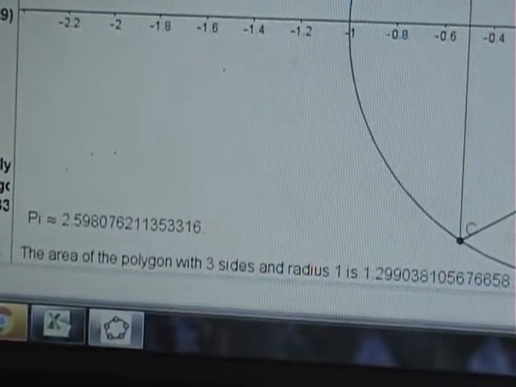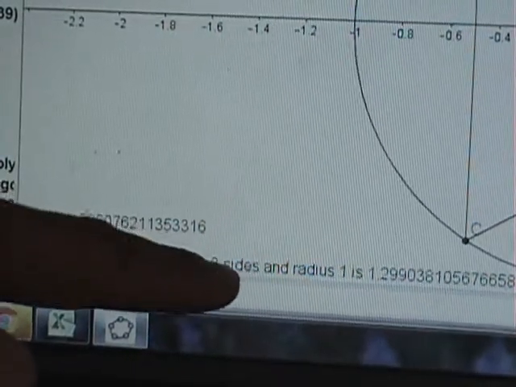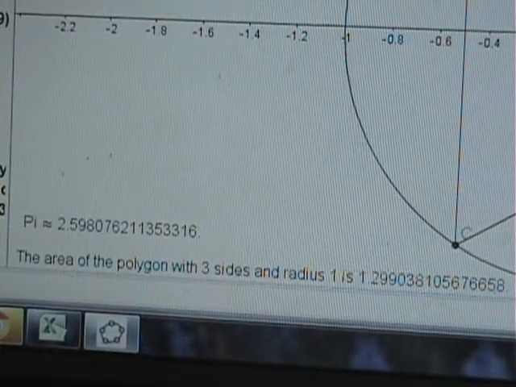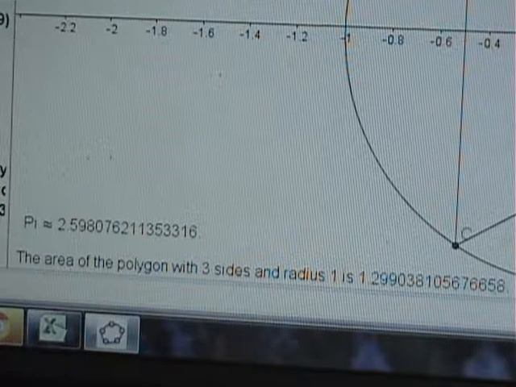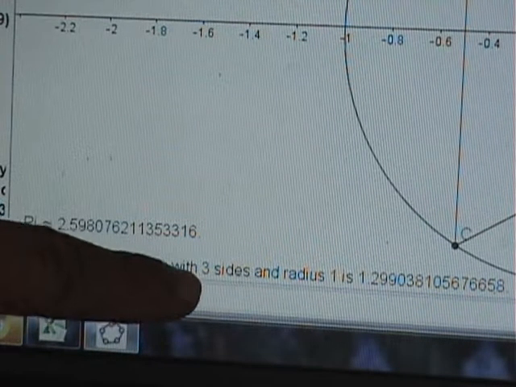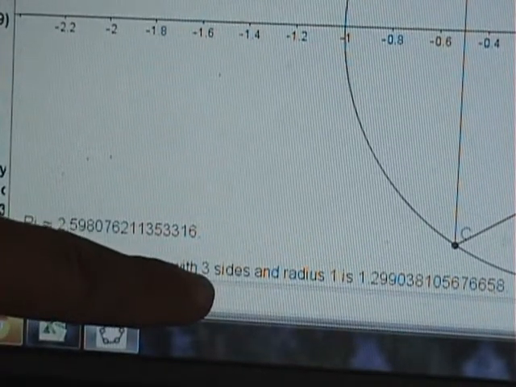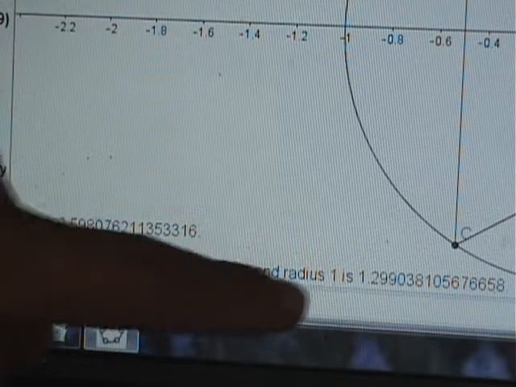Okay, and then I have a separate thing where it says that the area of the polygon with 3 sides and radius 1 is going to be this number, this 1.29. Okay, it's another formula which, if you want, I can send all of this. Now these numbers are going to change. Everything will change. Now I have it set up that if I change the radius up top, it's going to change the radius here, and as I change the number of sides, our end value, that this is going to increase.